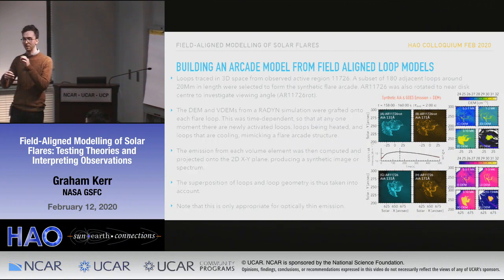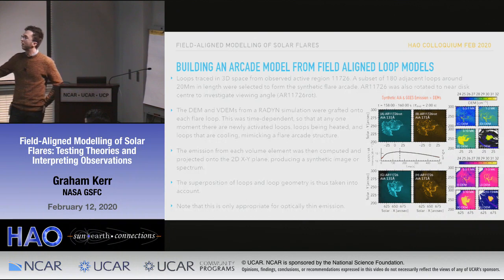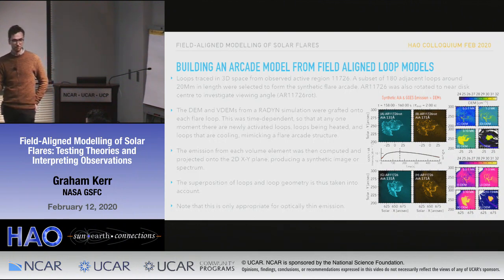Using the AIA data and HMI, we can actually track the AIA loops from this active region. And so we went back to that active region. It didn't flare, but it had these loops. And we chose 180 of them to say, well, what if these are our flare loops? And we chose these to be roughly the right size to match our modeling.